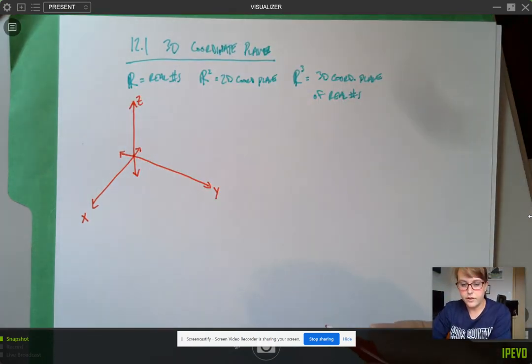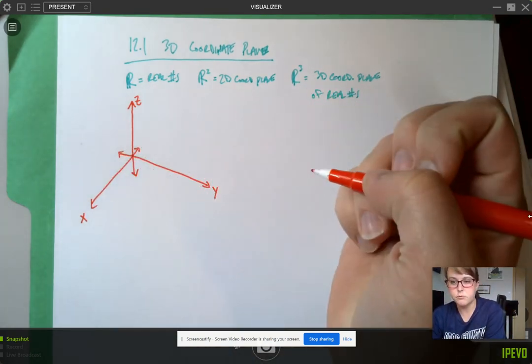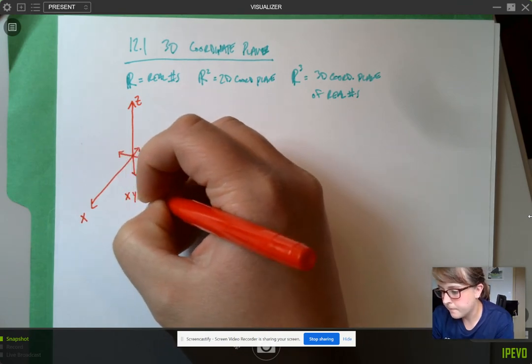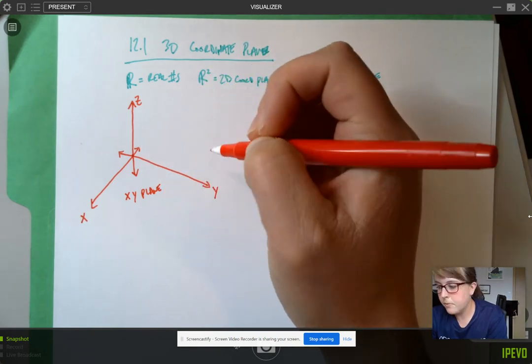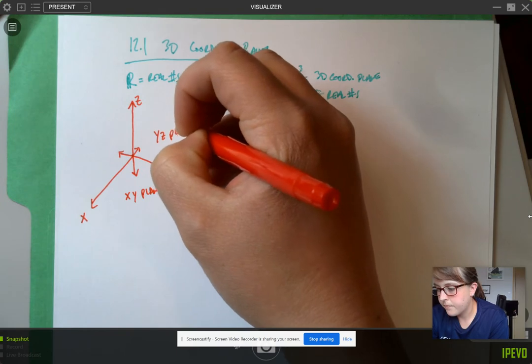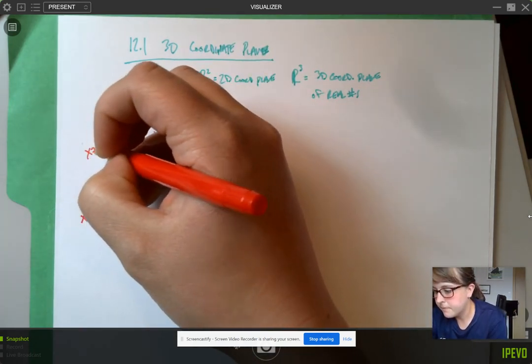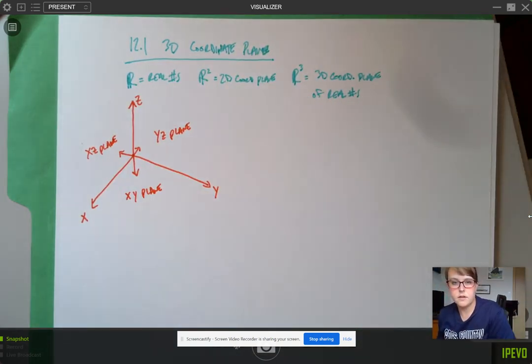If you think of this as kind of a three-dimensional room, the floor would be the xy plane. This right wall over here would be the yz plane. And this left wall over here would be the xz plane. Okay, so that's kind of how we think about and visualize and draw a three-dimensional coordinate plane.